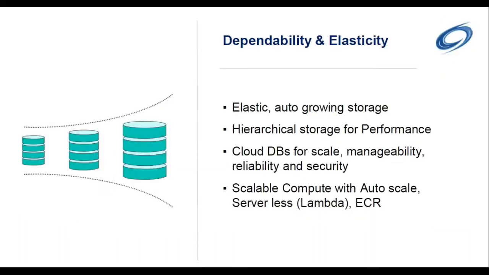The next slide talks about dependability and elasticity. Dependability and elasticity are the two main core things provided by any cloud application. Cloud gives you a lot of dependability, the way it is structured, and my colleague Mr. Durga Prasad will talk a little bit more on that.